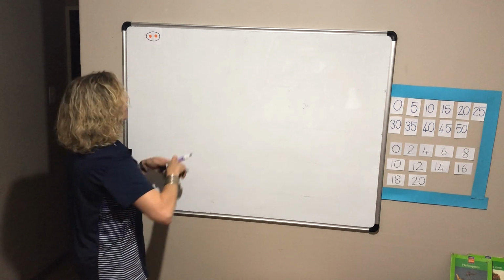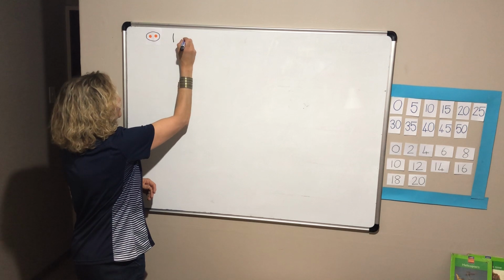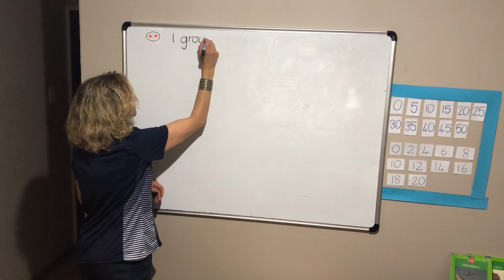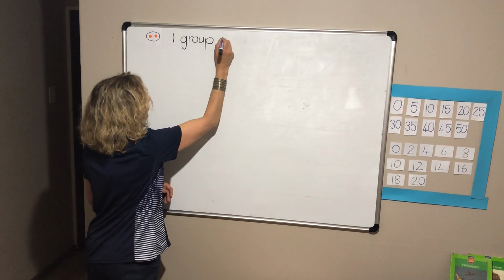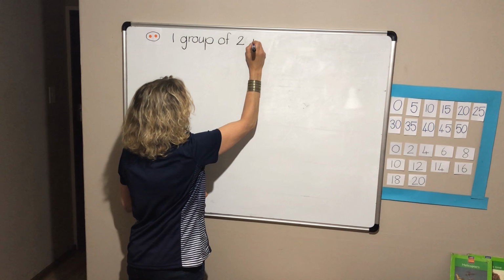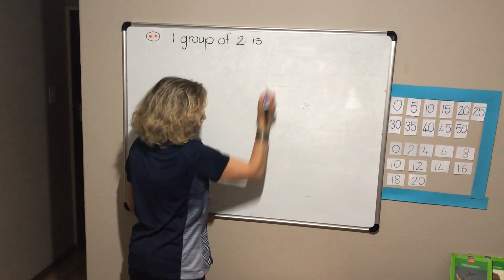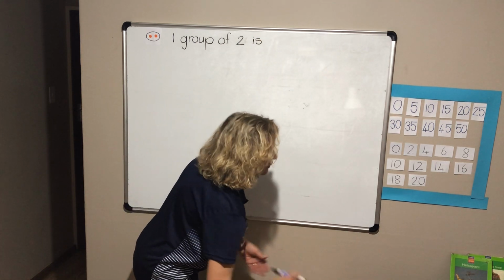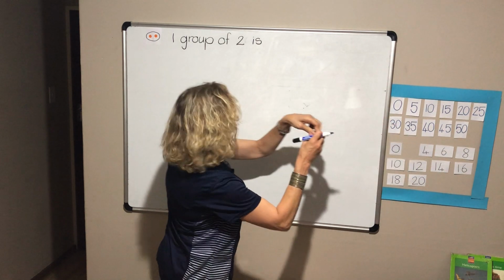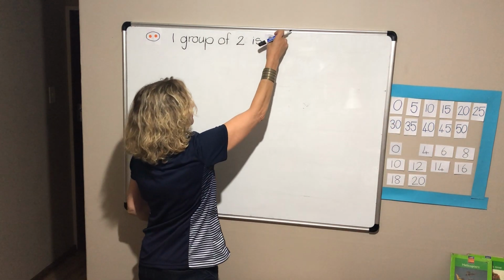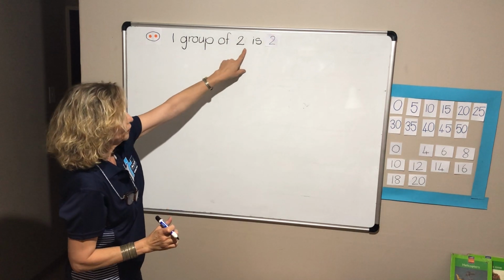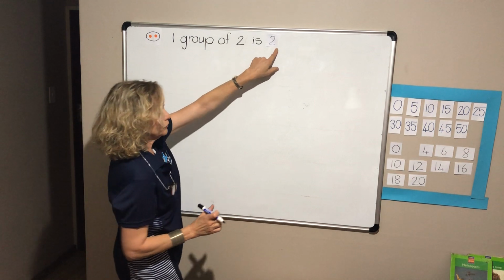So we say 1 group of 2 is what? What is the answer? There we get it. Yes, one of the answers. You see, these are the multiples of 2. There we go. 1 group of 2 is 2.